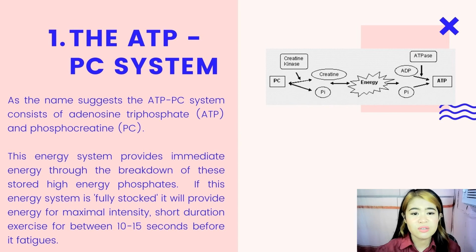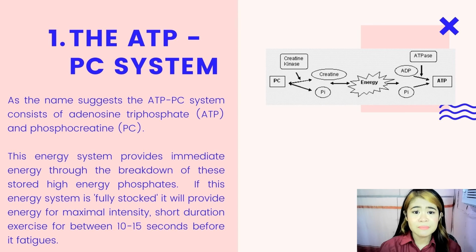During the first few seconds of exercise, regardless of intensity, the ATP-PC or adenosine triphosphate phosphocreatine system is relied on almost exclusively, with energy coming from the breakdown of the ATP stores within the muscles. These ATP stores last only a few seconds, after which the breakdown of phosphocreatine provides energy for another 5 to 8 seconds of activity.